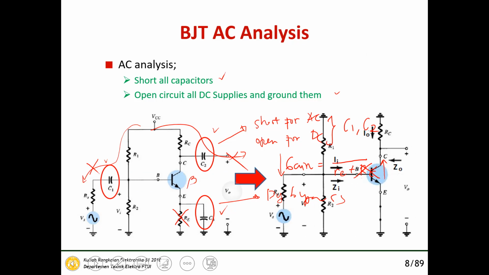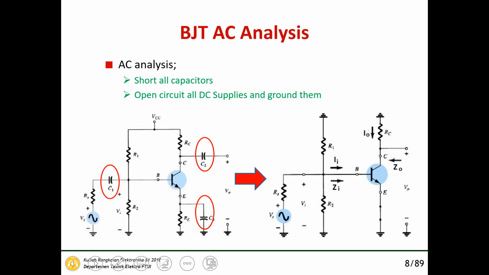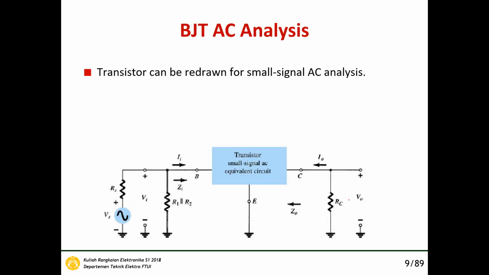So we short all the capacitors, open circuit all DC supplies and ground them like this one. So it becomes like this. C1, C2, and C3 are removed and replaced by shorts. The emitter resistor is ignored, and VCC is changed to ground. And then we can draw this transistor for the small signal AC analysis.